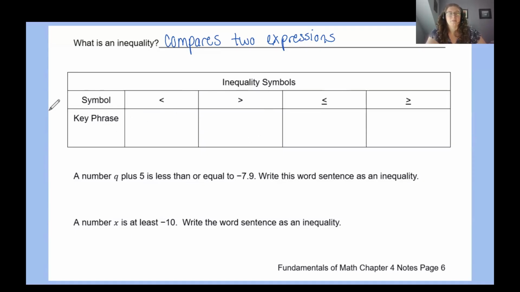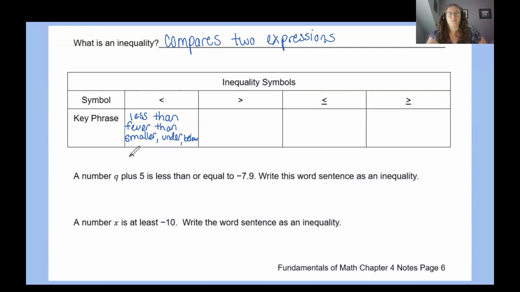Right? So you know that this first symbol is the less than sign. So if you see the words less than, you would use that less than sign. You might also see fewer than. You could also see smaller or under or below, right?